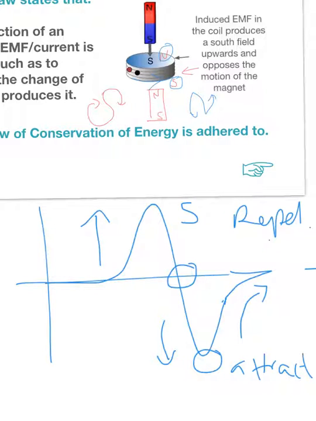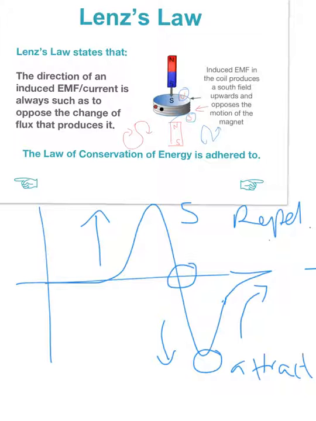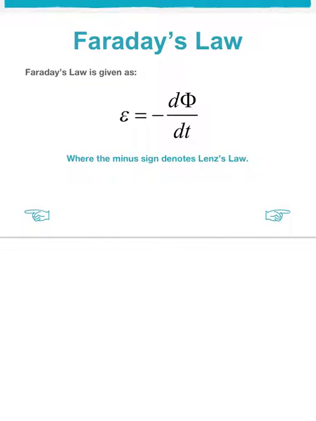So the change in direction of the current is a direct illustration of Lenz's law, which is here. So now we understand this minus direction, the fact that the new magnetic field is minus to the inducing magnetic field.